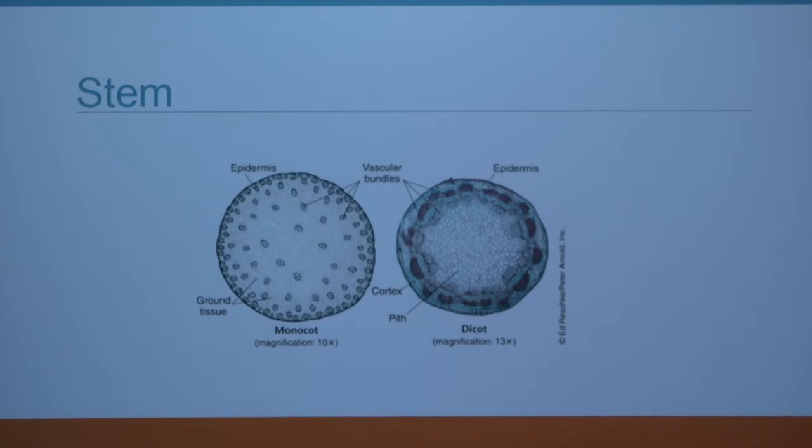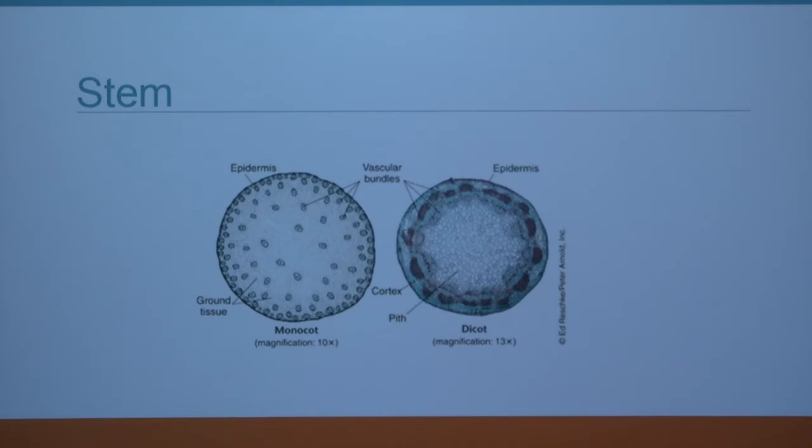Now, the stem that supports a plant: if we were to slice that and put it under a microscope, we could see much bigger differences between dicots and monocots. In the monocot, these little dots here are actually the vessels that carry the nutrients.